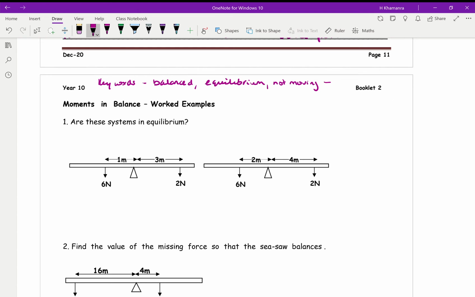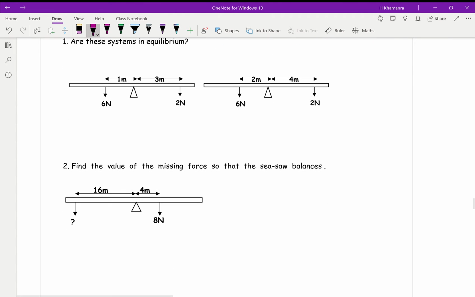All of these keywords tell us that the anti-clockwise moment is equal to the clockwise moment. And just a little reminder that a moment is equal to the force times the distance.